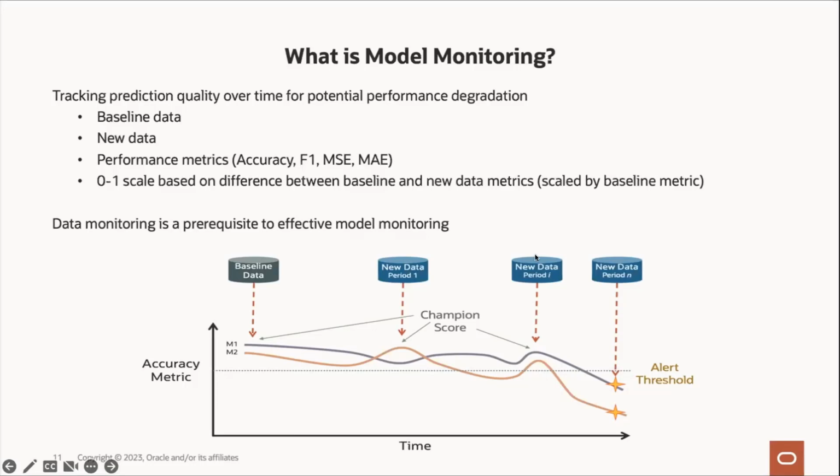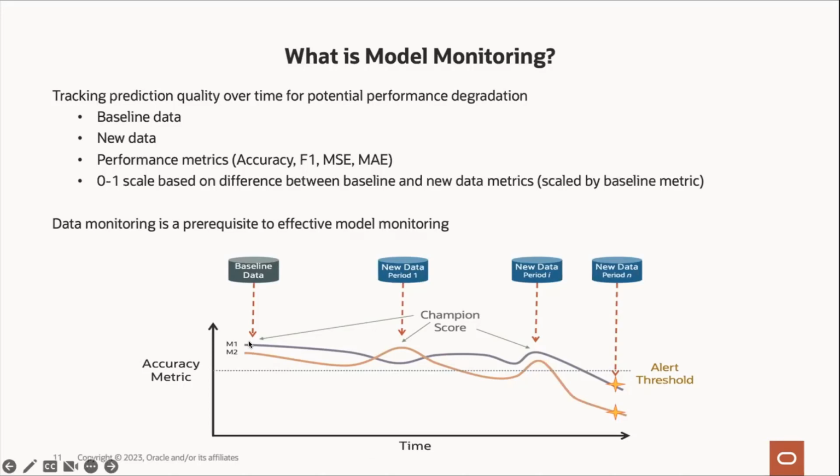But this visualization also brings up another concept that model monitoring can be used for, which is the idea of a champion score. So here we have two models. So we could have multiple models in production to solve one business problem. And at any given time, we would only want to use the model that has the highest accuracy metrics.